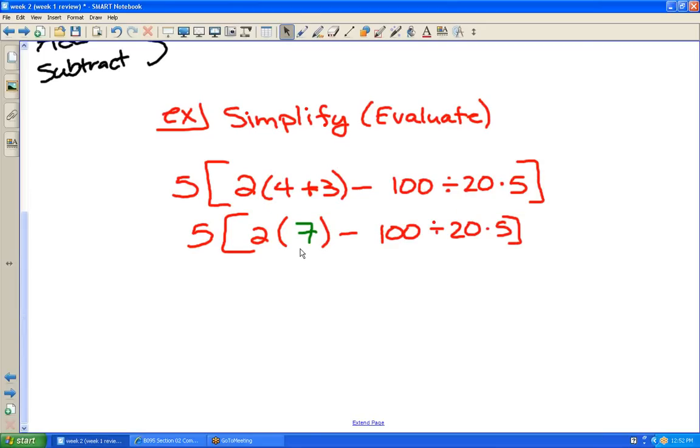That's because there's stuff attached to it. And I have to remember that math people, being lazy, don't like to tell you that this really means 2 times 7. There's little times signs there. So I still have to do those parentheses first. So 2 times 7 is 14. Okay, and now since there's nothing else attached to it, it's a single term, I don't need the parentheses anymore. I do need the rest of the problem now.